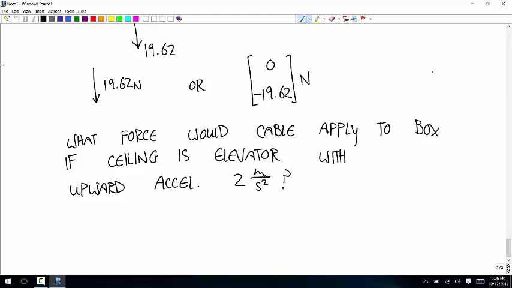That's what I meant to write, but it doesn't really make any sense. The idea is just that that's the ceiling of an elevator, and that's the acceleration of the elevator.